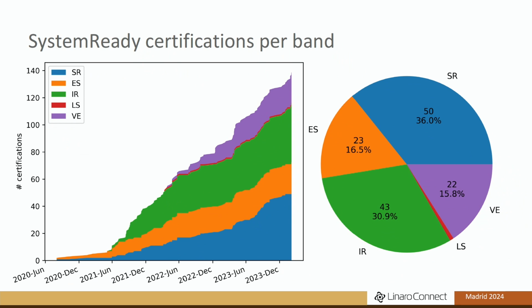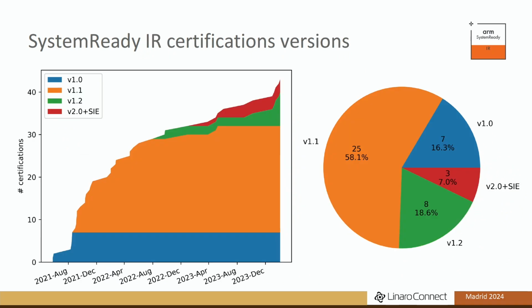And you can see that from all the SystemReady bands, the IR certifications are very near 1/3 of the total certifications, in fact, which is not that bad for IoT type of systems. But let's look a bit more into the IR certification details.